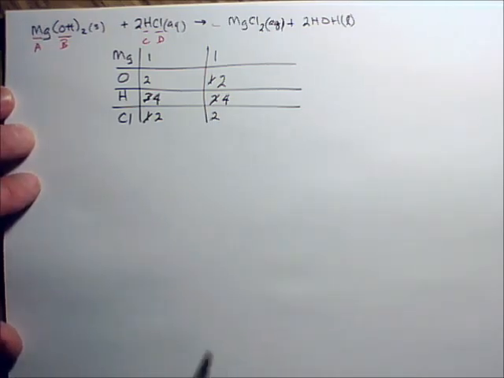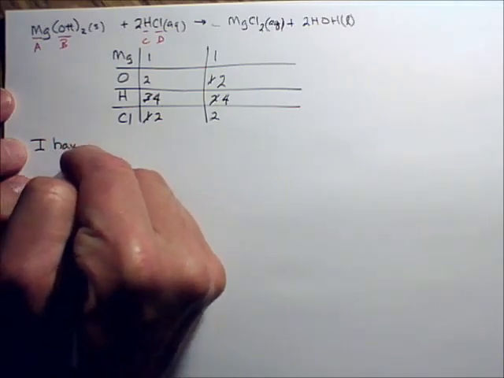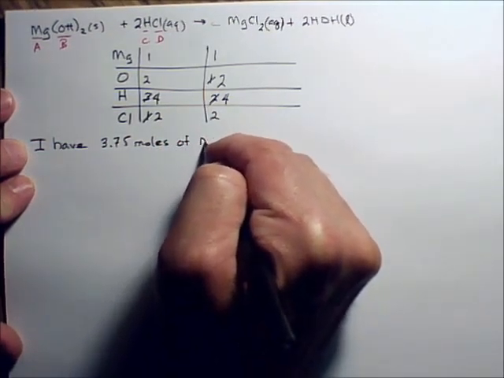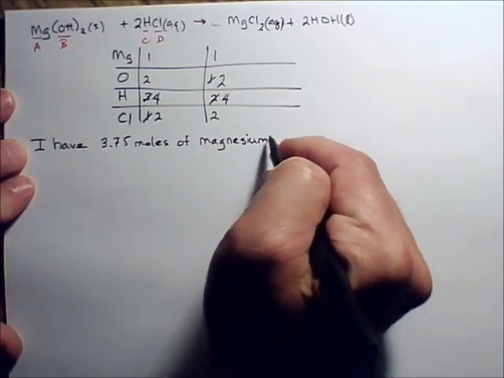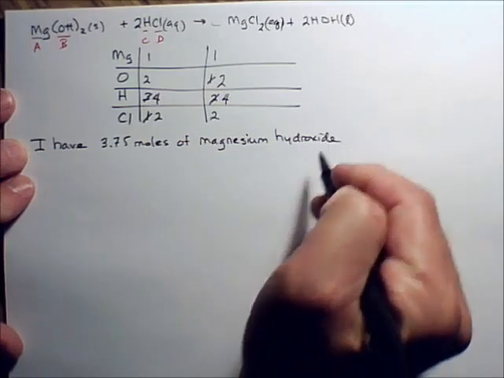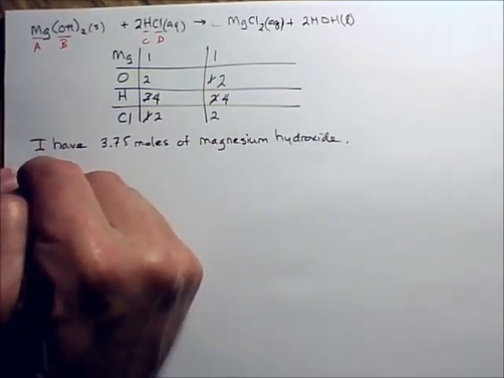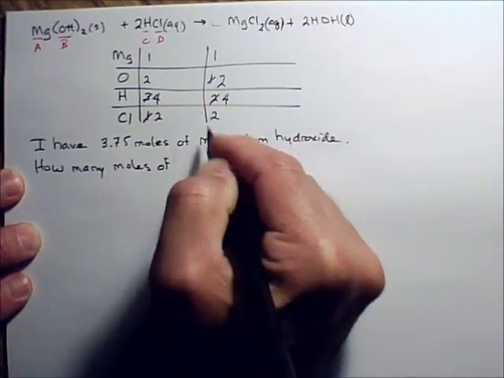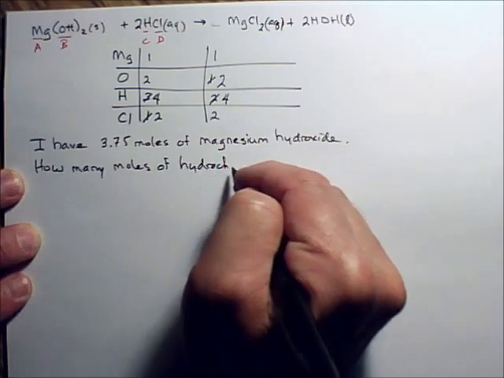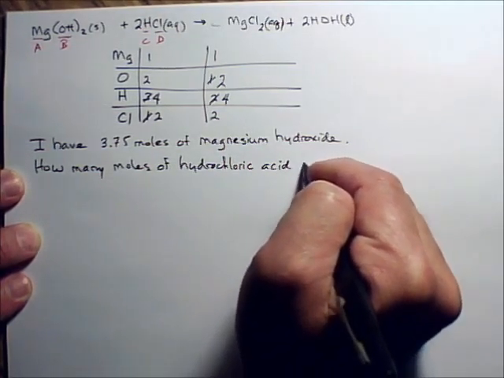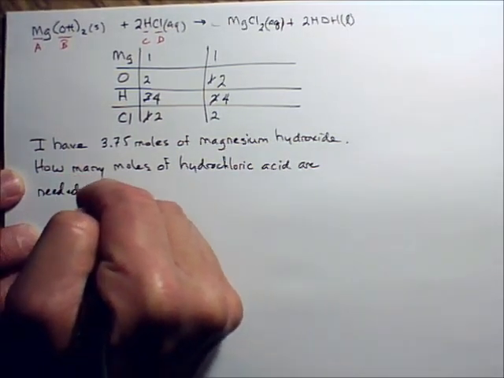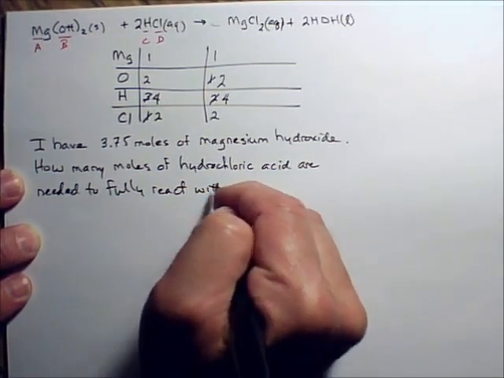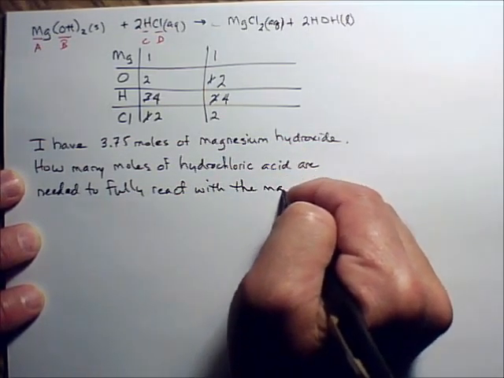So let's say, for example, that I have 3.75 moles of magnesium hydroxide, and I want to know how many moles of hydrochloric acid are needed to fully react with the magnesium hydroxide.